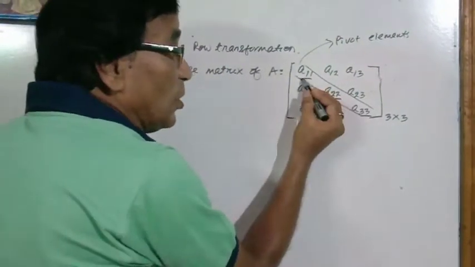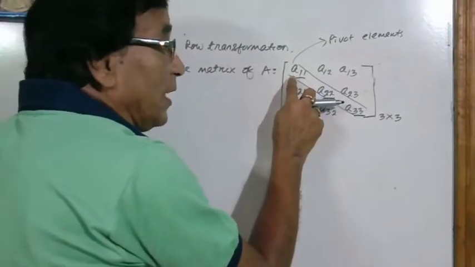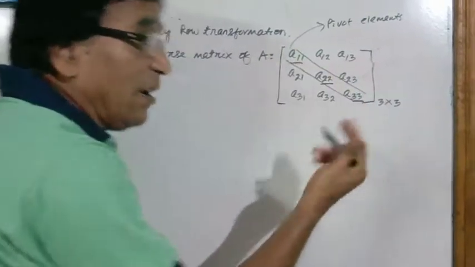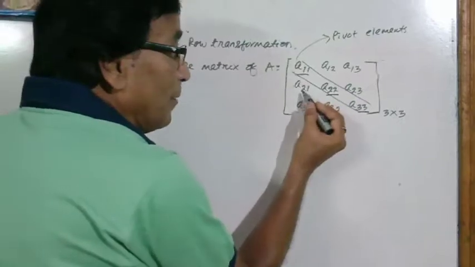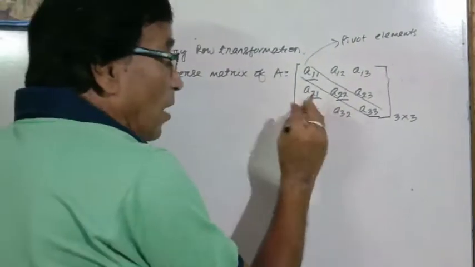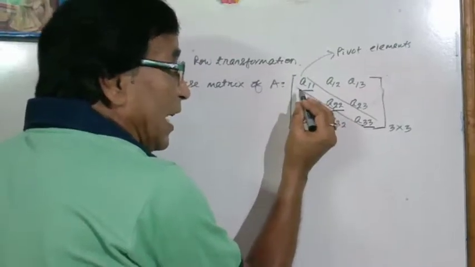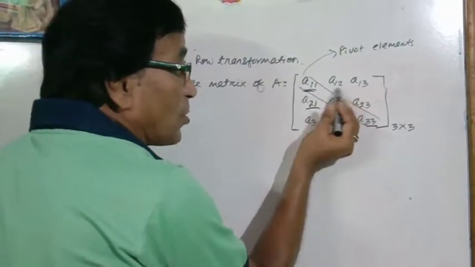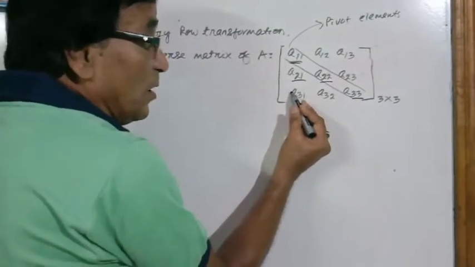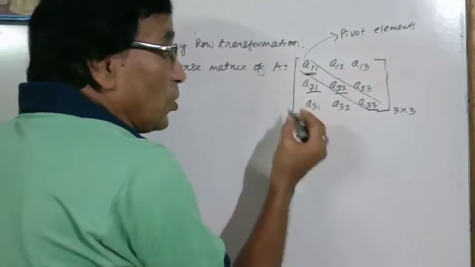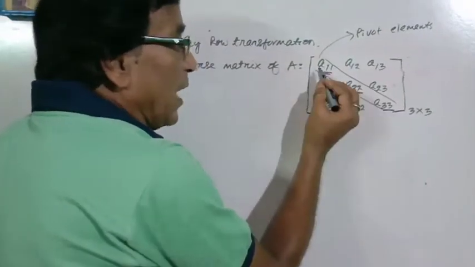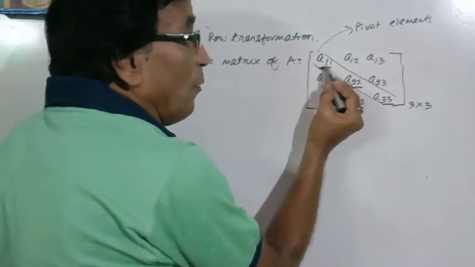If it is zero, then row 1 and row 2 will be interchanged, so that A21 must not be zero. Or if it is zero, then again we can interchange the first row and third row. It must be non-zero.